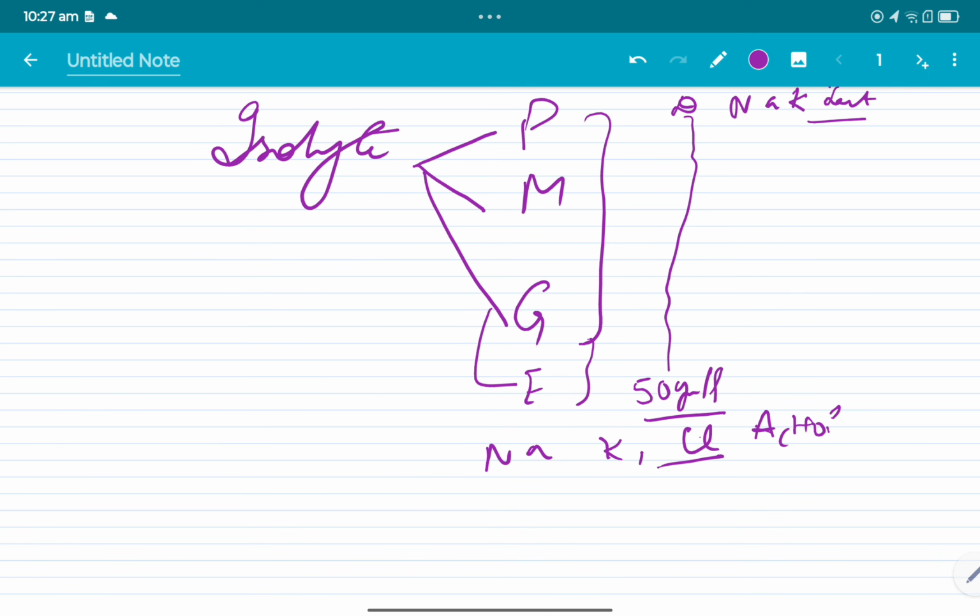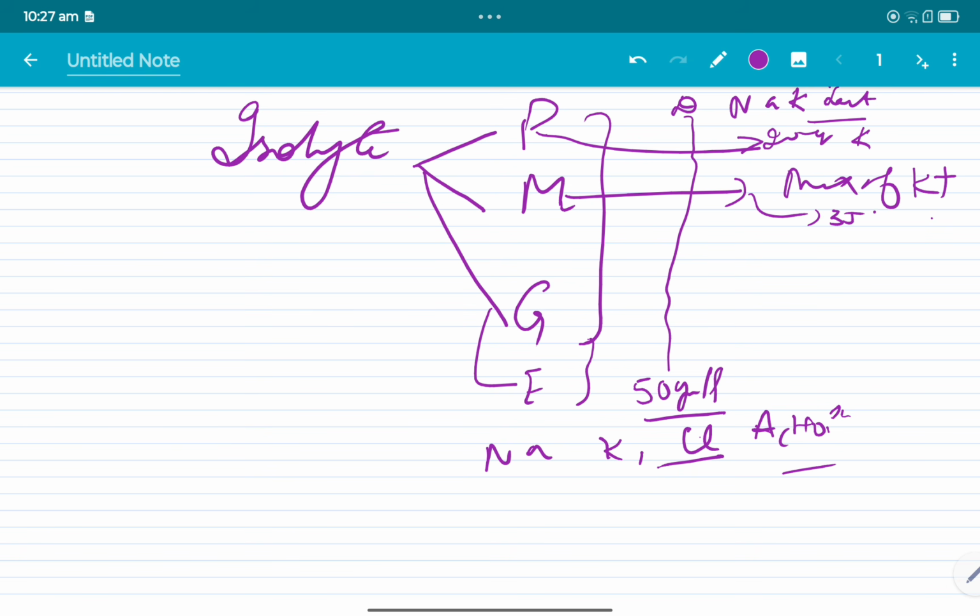Isolyte M has the maximum amount of potassium. Isolyte P has 20 milliequivalent of potassium and it has 35 milliequivalent of potassium. So Isolyte P is a fluid which is given in the pediatric population.